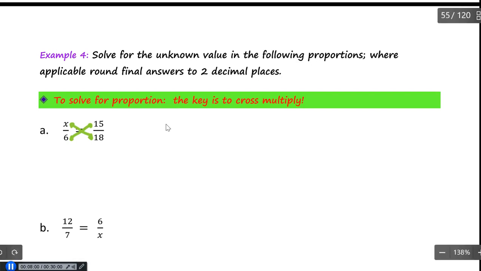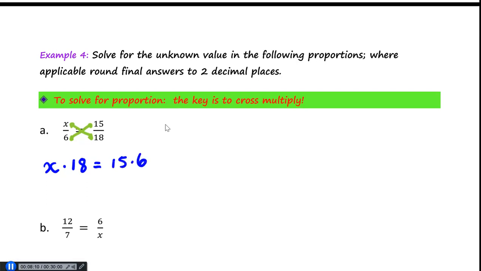So then what I have is x times 18 equal to 15 times 6. I can write a multiplication sign, or I can write this dot. So let me change that into a multiplication. In order for you to solve for x, you divide both sides by 18.